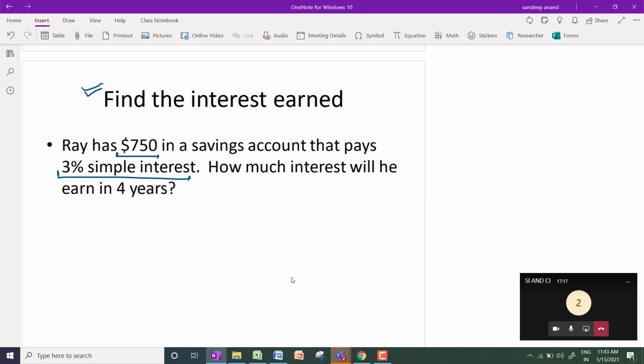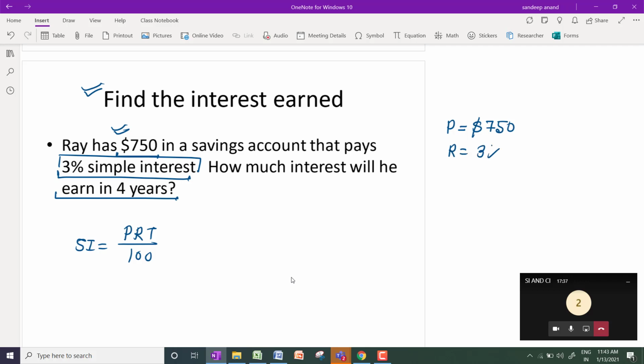How much interest will he earn in 4 years? In my simple interest formula, PRT by 100, the P value is the amount of money that you invested or borrowed, and that is $750, which is written over here. The rate is given as 3% simple interest.